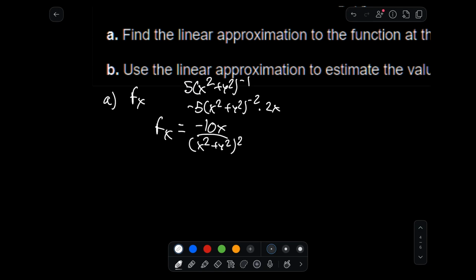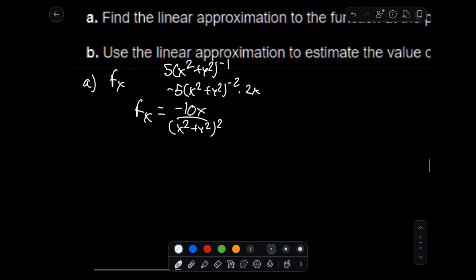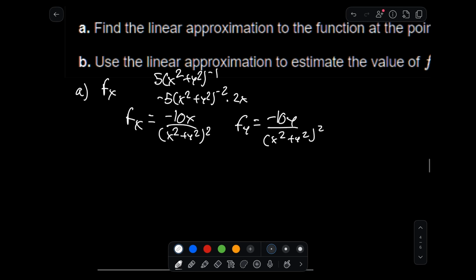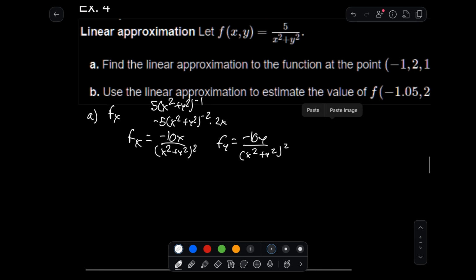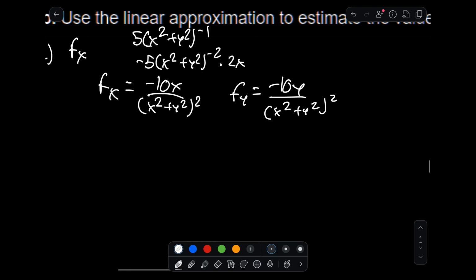It's the partial, but we need to take it at that value. And then for f sub y, it's the exact same thing. I'm not even joking, because the only difference is now we're differentiating with respect to y instead of x, and there's no y term in the top, so it's just going to save us some time. Negative 10y over (x squared plus y squared) squared. And we just have to plug in the point real quick. So we have negative 1, 2 that we're really focused on.